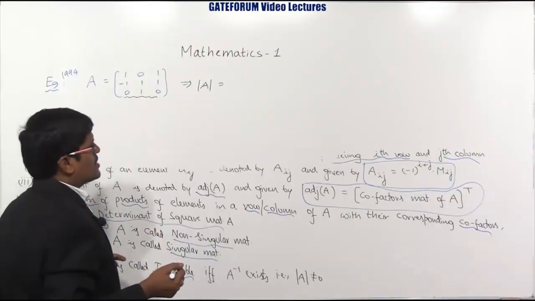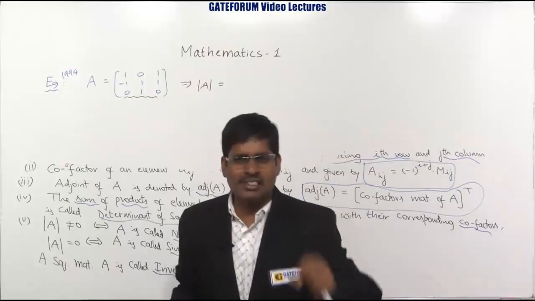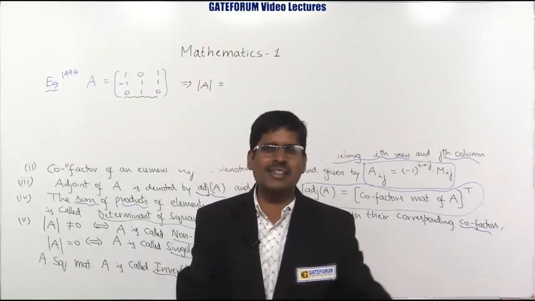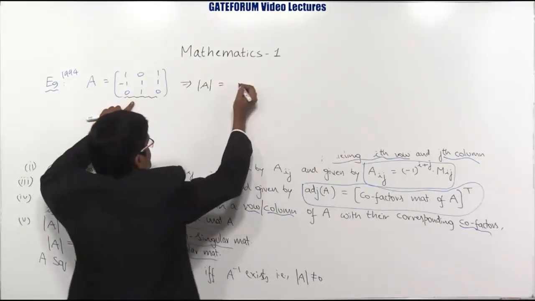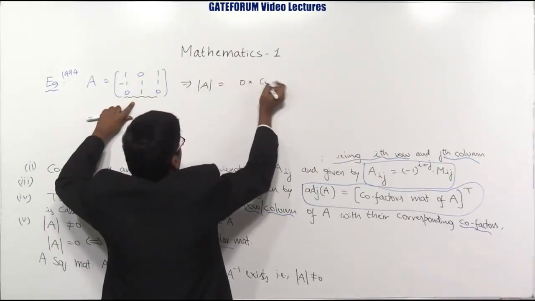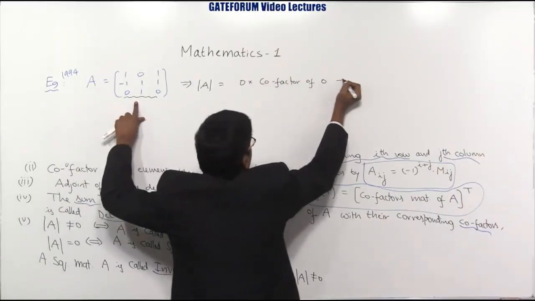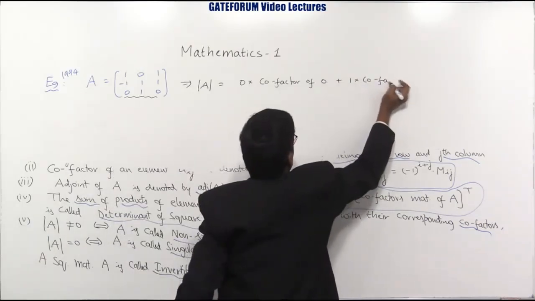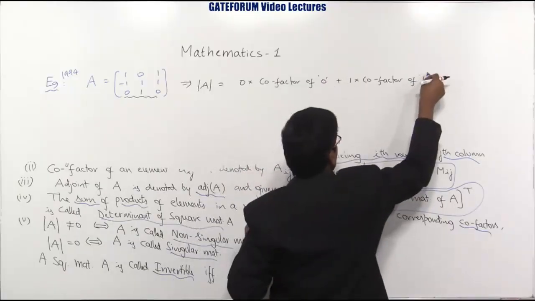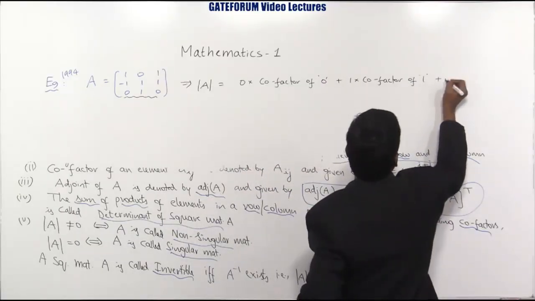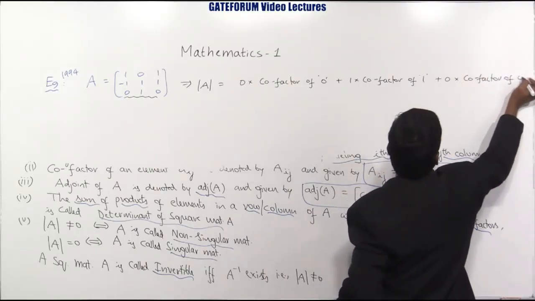So what is the determinant procedure? In a row or column, every element multiplied by its cofactor, then sum. Sum means adding. So 0 into cofactor of 0, plus 1 into cofactor of 1, plus 0 into again cofactor of 0.